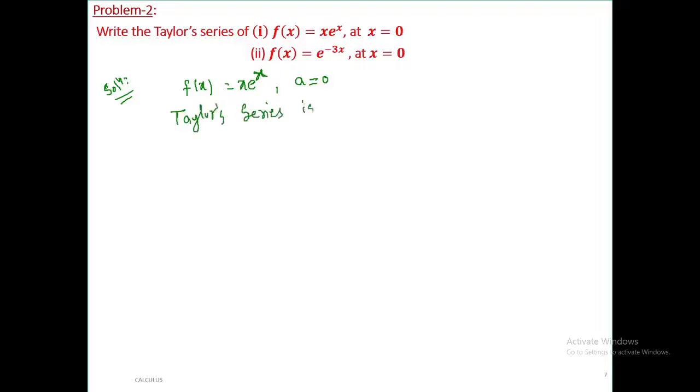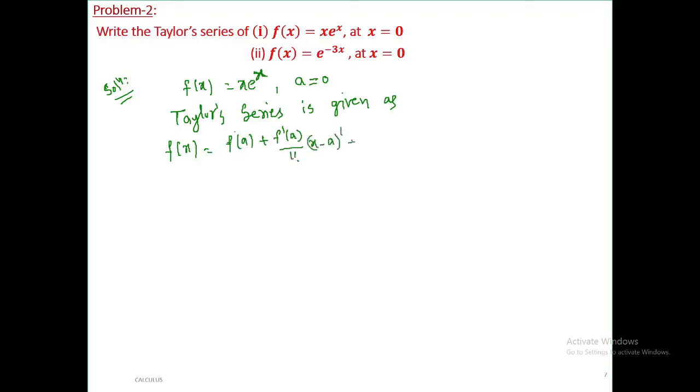given as f of x is equal to f of a plus f dash a by 1 factorial into x minus a whole to the power of 1, isn't it?